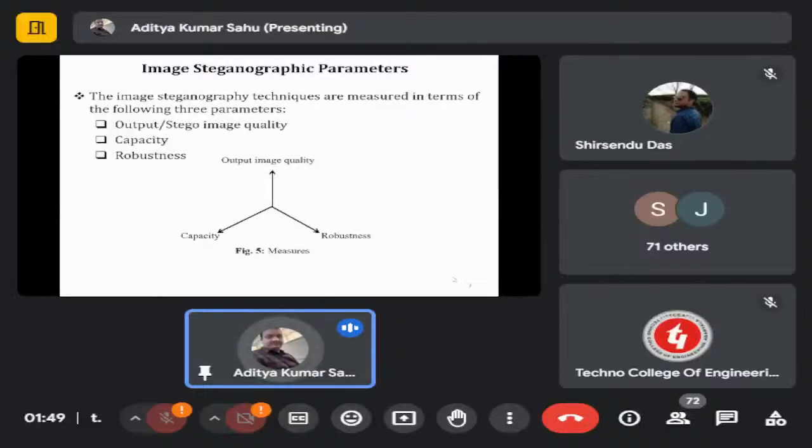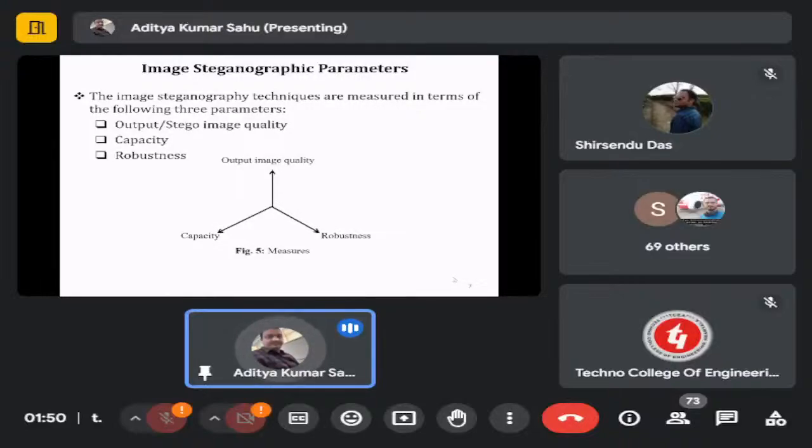Let us first try to understand which parameters these image steganography techniques basically rely on. If you see, the three most important parameters are: one is output image quality, which is the stego image quality, something called imperceptibility, okay, and the capacity.